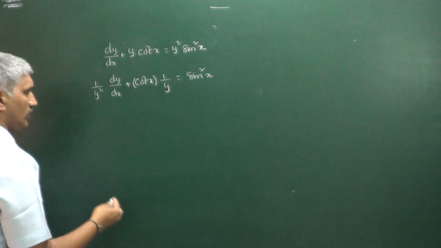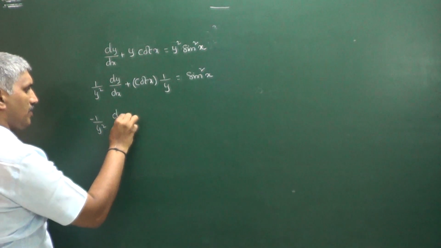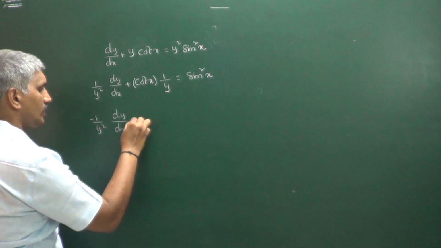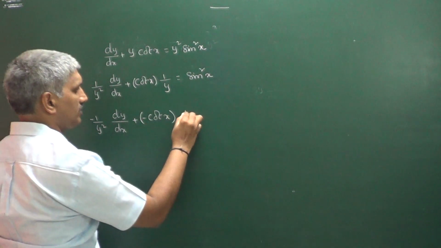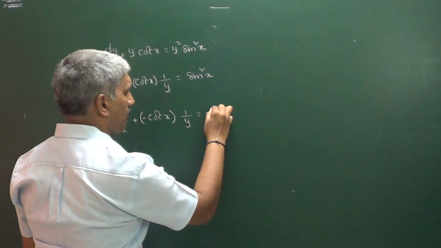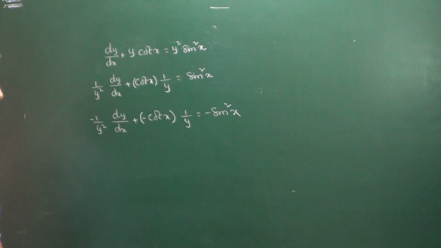Yes. Now this further can be written as minus 1 by y square into dy by dx plus minus cot x into 1 by y is equals to minus sin square x. Throughout the equation multiplied with the minus.